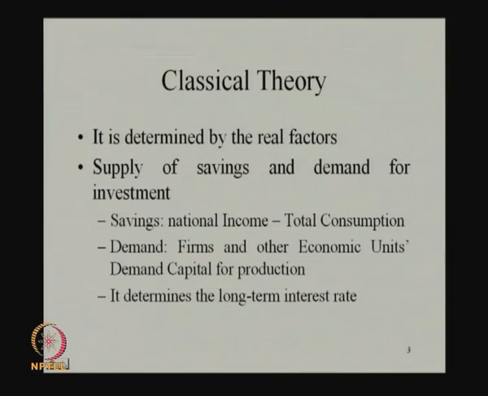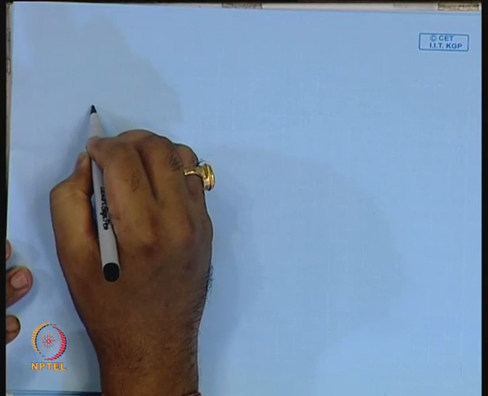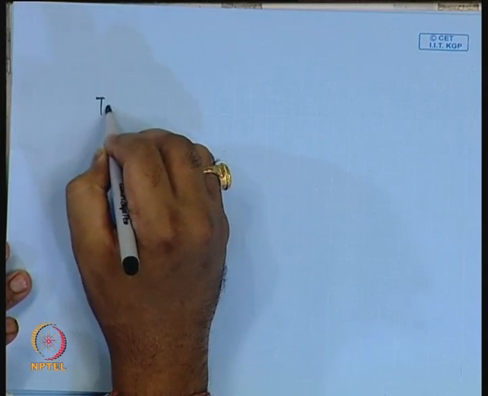in the financial market. What do you mean by savings? How can you calculate the savings? They said we have the total income, that means the total national income of a particular country.